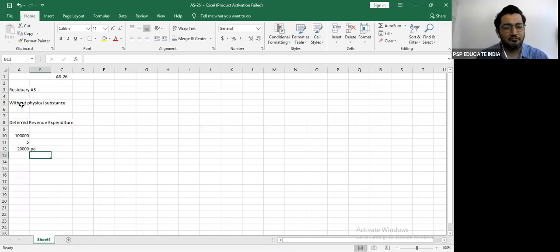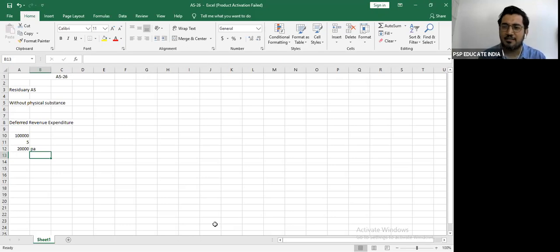And then you have finally review at each balance sheet date, and of course revaluation of intangible assets. So it's a very simple standard, however it's a very important standard. A lot of questions are asked pertaining to this accounting standard in your exams, right? So with this basic knowledge, let's go to accounting standard 26.